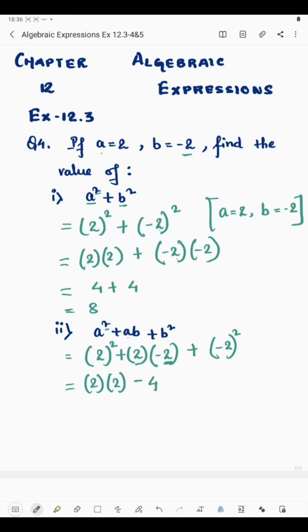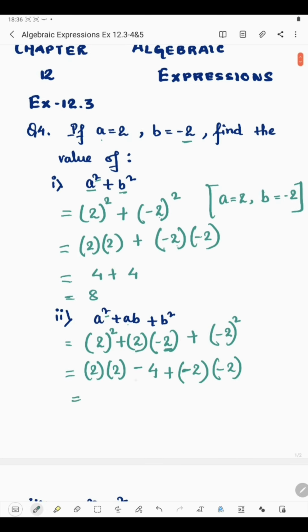Right. Now we have a plus sign. Now minus 2 whole square means, since the power is 2, we'll write the base twice. Now 2 into 2 is 4. Right. Now minus 4 we have. Next we have a plus sign.